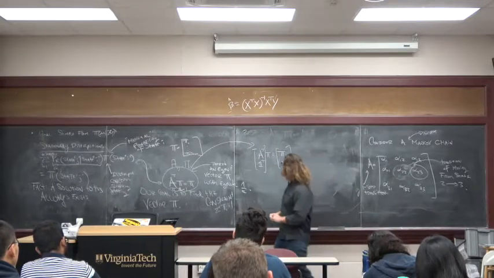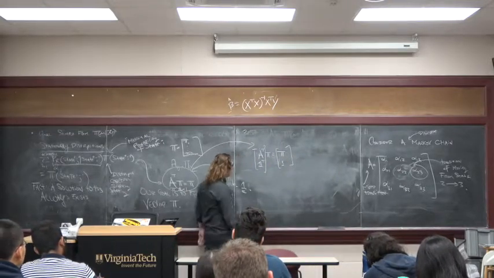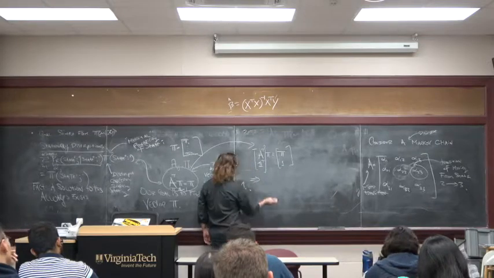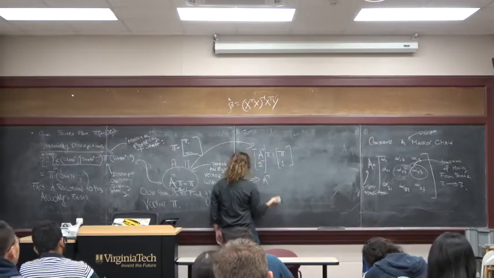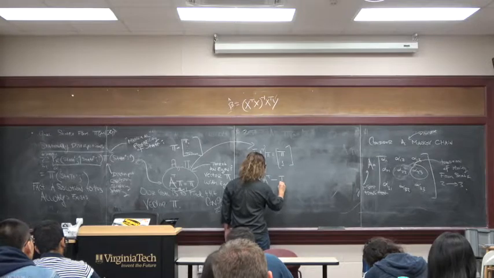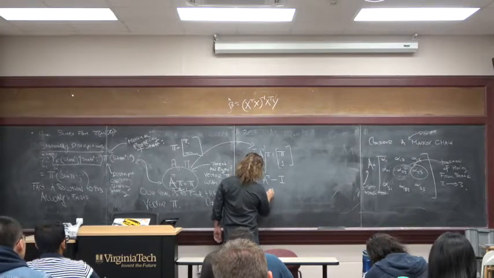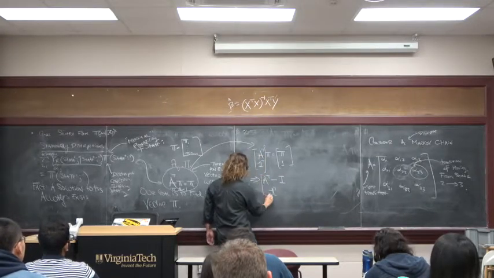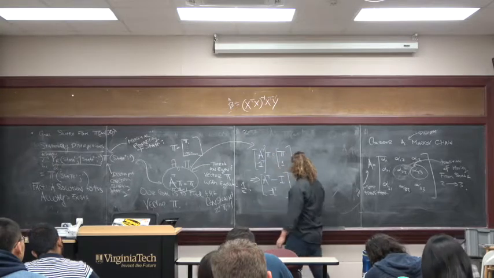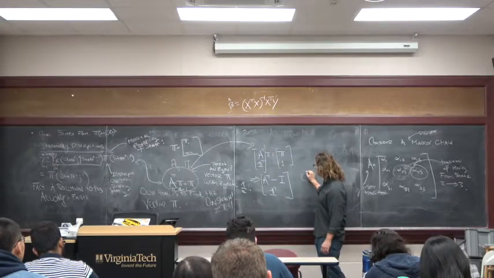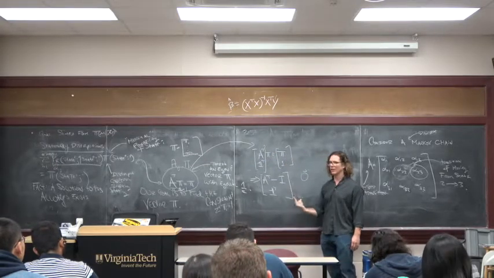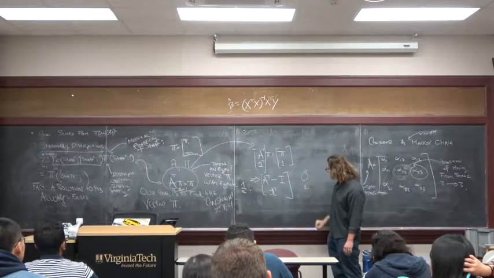And so this is a pretty easy problem to solve. I can end up doing this. A transpose minus the identity, with the 1 vector transpose appended, times pi is equal to 0. So this is a vector of zeros of length pi, and this is just a scalar.